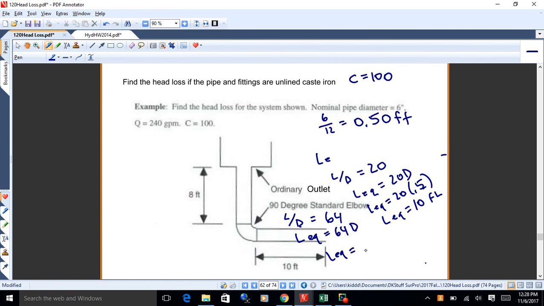And the equivalent length for the elbow would be 64 times 0.5, so 32 feet. You just find the equivalent length of the fittings as though they're pipes. That says when water flows through an ordinary outlet, it has the same head loss as flowing through 10 feet of 6-inch pipe. And when the water flows around that bend, it has the same head loss as 32 feet of pipe. That's basically it.